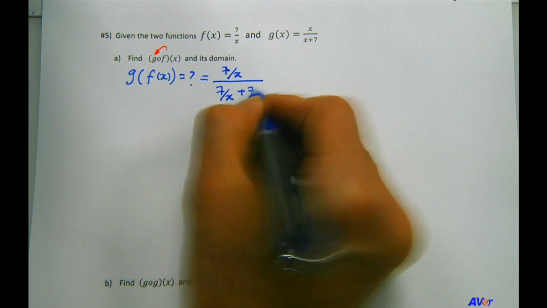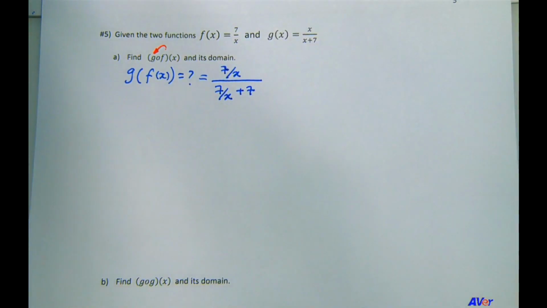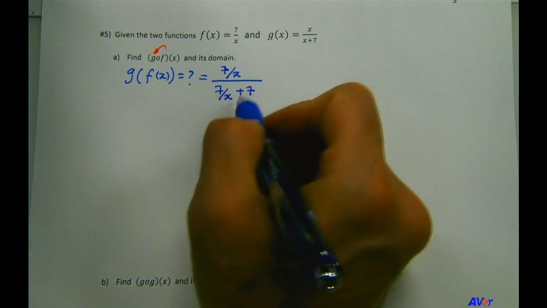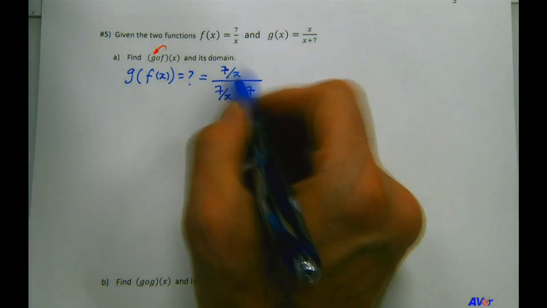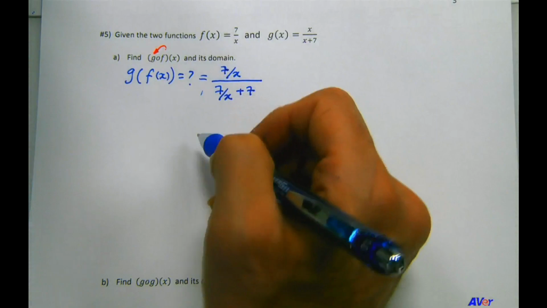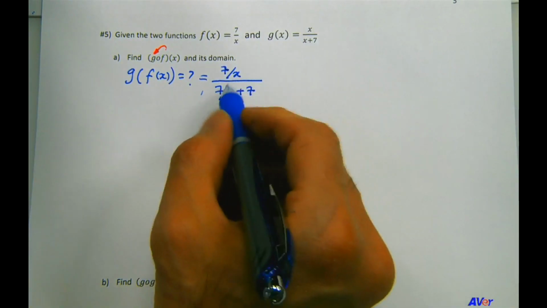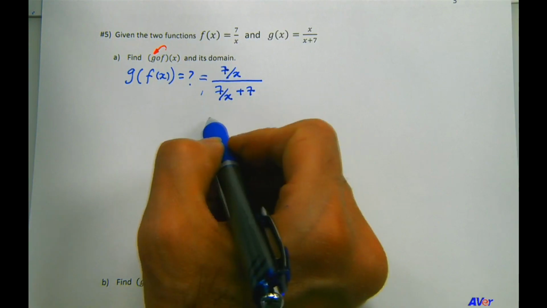Plus 7. Okay, so we quickly notice that we have created a complex fraction, right? We need to take the common denominator here, simplify that, and then simplify the whole complex fraction. All right, so let's do that. I'm going to take the common denominator for these two first.